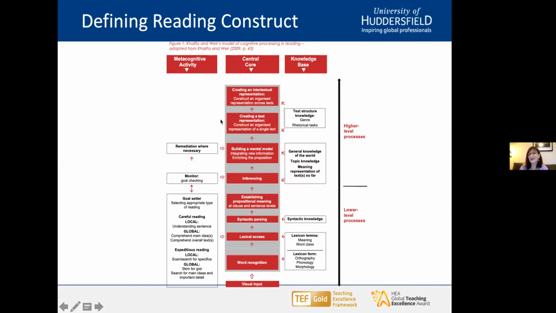I proudly say that I made Cyril Weir add this little box on top of his framework myself, because my area of interest in reading is reading across texts, which once upon a time was not recognized as a different reading skill, but it is now.